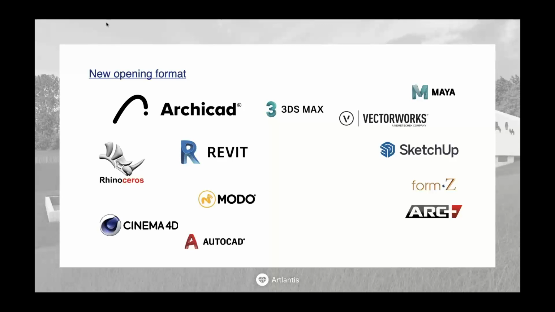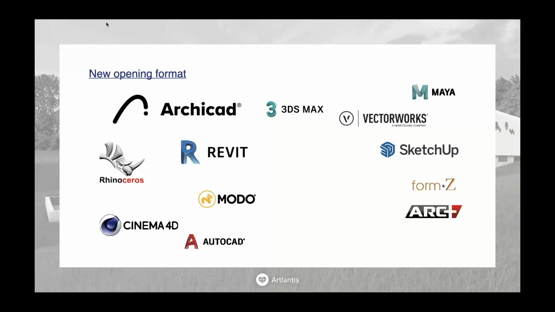This passage should be smooth, and from the beginning Artlantis included the most common file formats of 3D modelers. It could open them. In addition, it had dedicated plugins toward ArchiCAD, Revit, Vectorworks, SketchUp, Rhino.